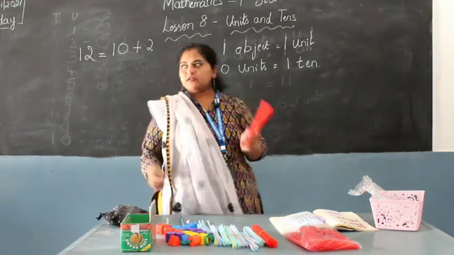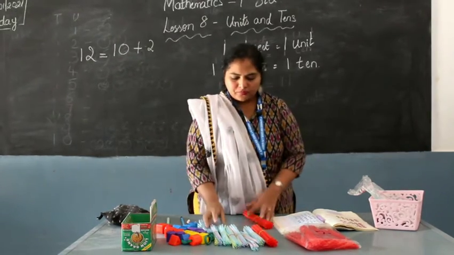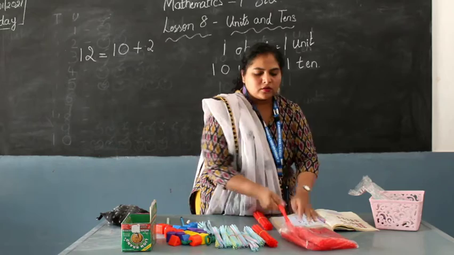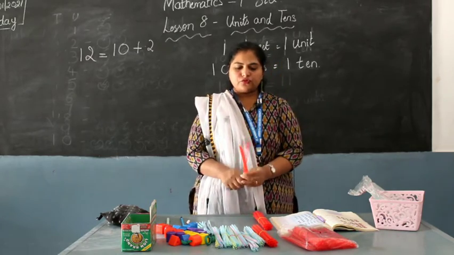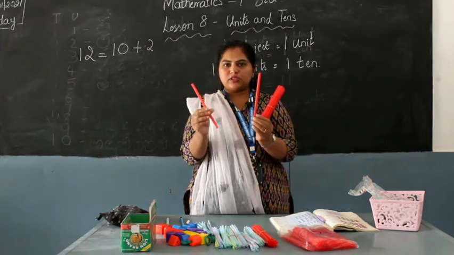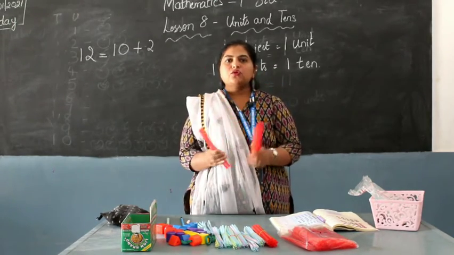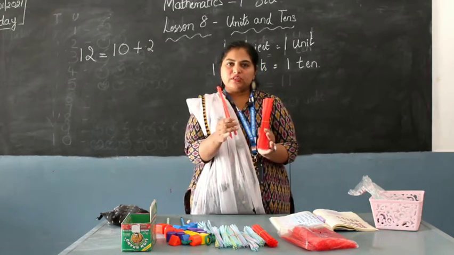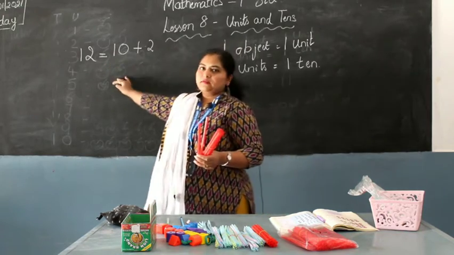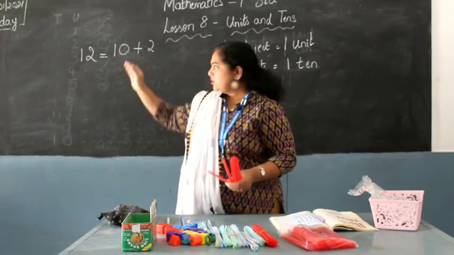You already have 1 ten here, so one group of straws, and then you'll have to take 1 and 2. So this will make 12. 1 ten plus 2 units. These are each 1 unit, right? 1 and 2. So 1 ten plus 2 units will give you all 12.